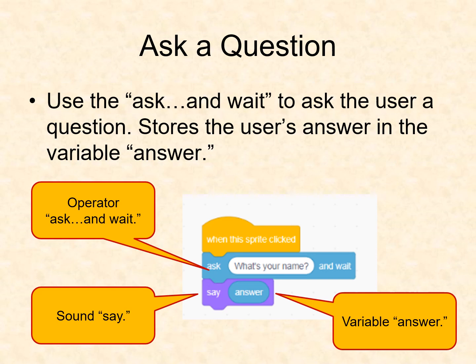And the wait part simply means that the system is going to hold up until the student types in an answer and then hits the enter key. After the enter key is pressed, the wait is finished and then the block of coding will continue. In this case, I'm going to have one of the sprites say whatever their answer is.